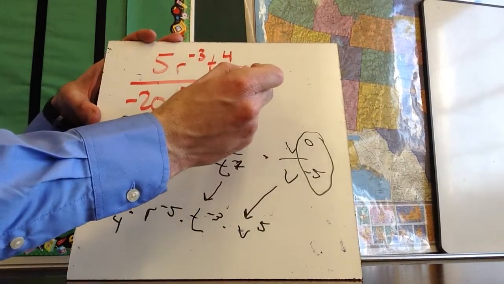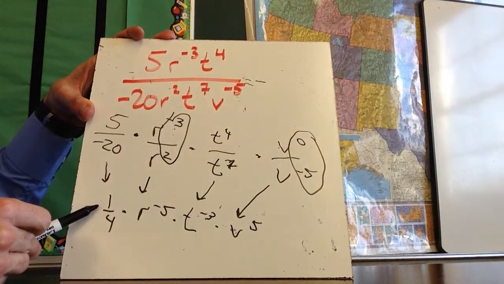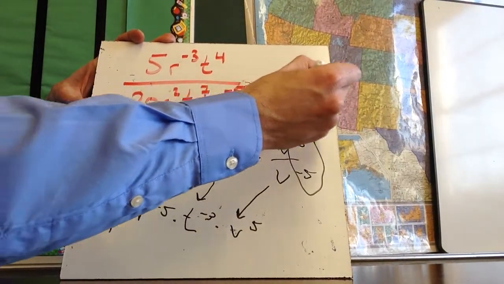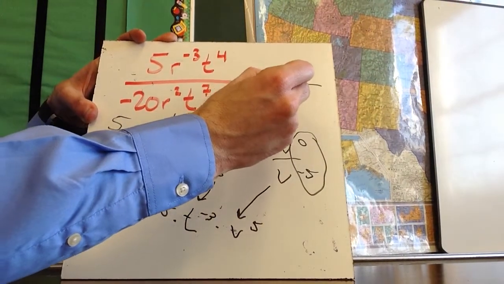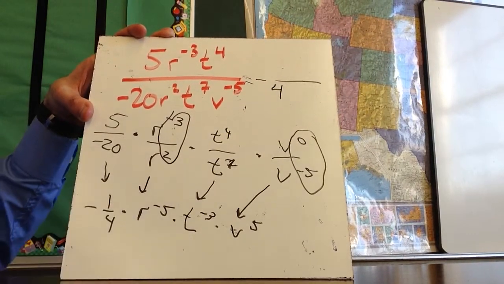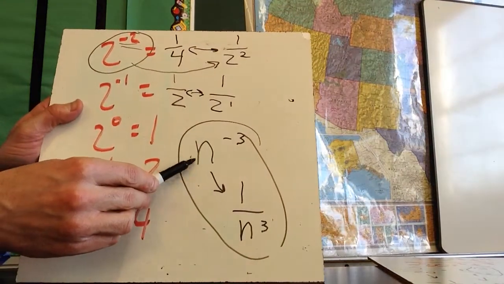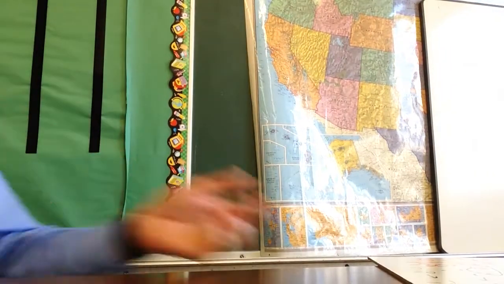Right? So as I rewrite this in proper form, this is going to be negative. I don't necessarily need to put this 1. So I can kind of start my fraction. I got a 4 on the bottom. This r to the negative fifth is the same, and if you come back to this, remember n to the negative third is the same as 1 over n to the third.